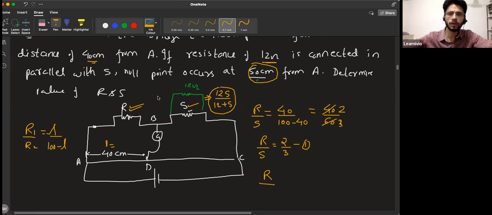12 ohm. See, in the right gap, we have a parallel combination of 12 and S. We calculated it to be 12S by 12 plus S. So what is R2? R2 is the resistance in the right gap.